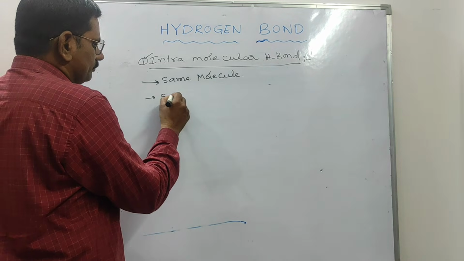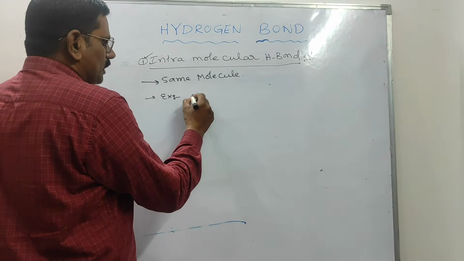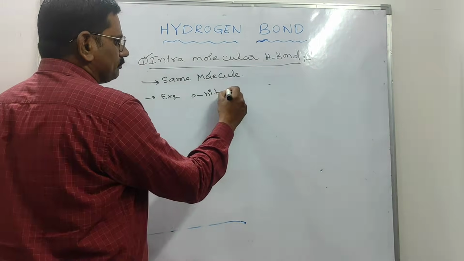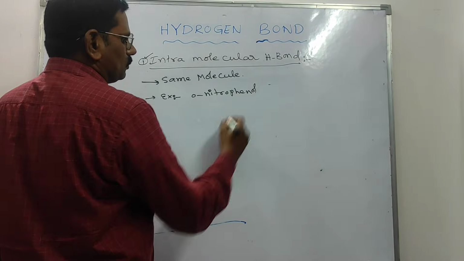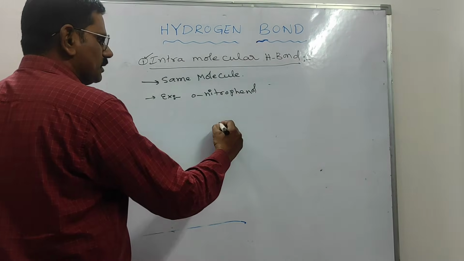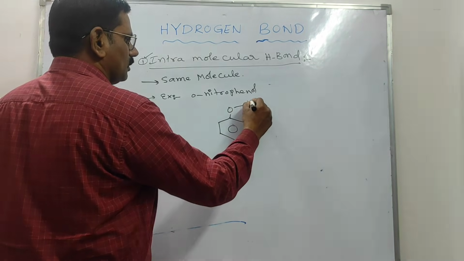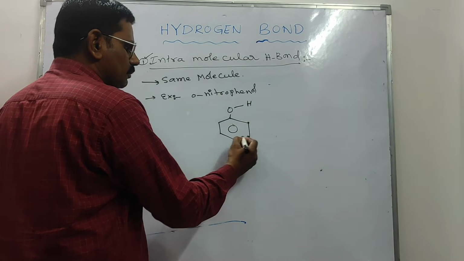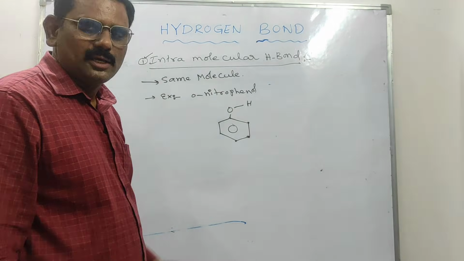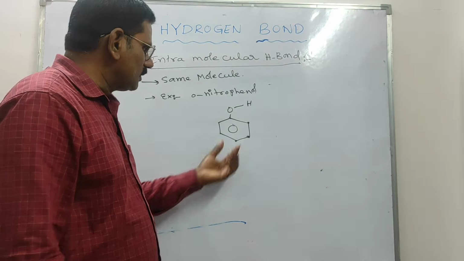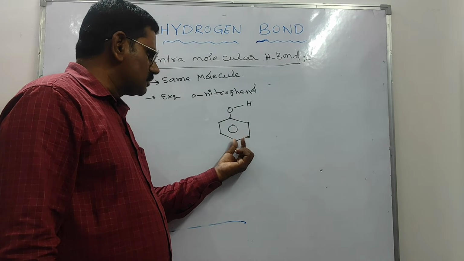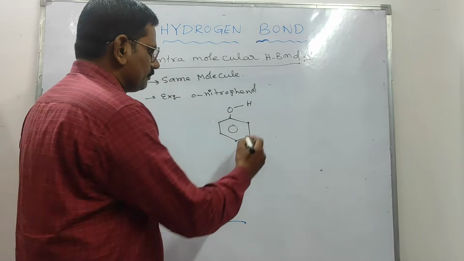For example, we are taking orthonitrophenol. Phenol means hydroxybenzene. It has ortho position, meta position and para position. In a mono-substituted benzene, 2 ortho positions, 2 meta positions and 1 para position are present.